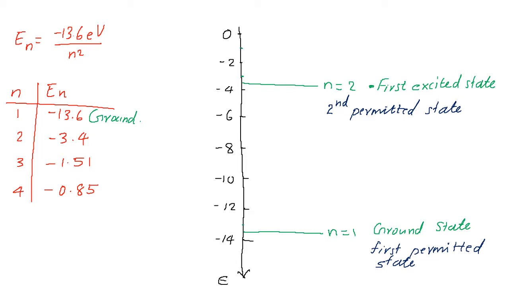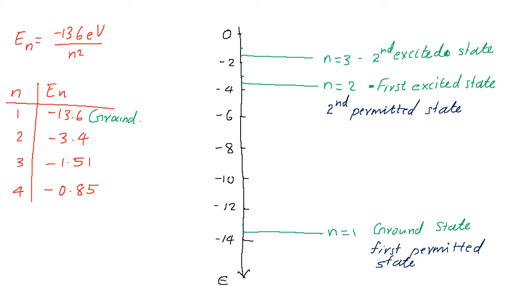So this corresponds to negative 1, so negative 1.5 may be somewhere here. So this is for n equal to 3. We call it the second excited state.